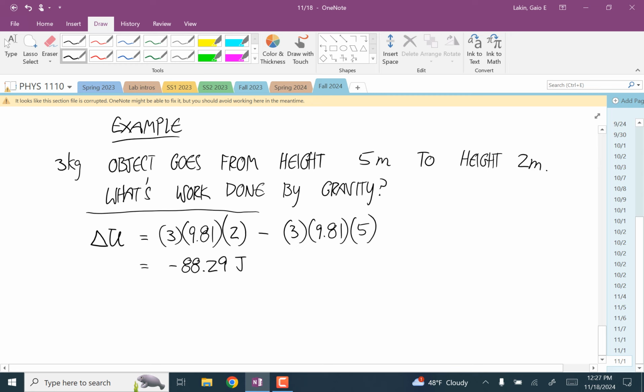Well, remember the work is negative change in potential energy. And so the work is positive 88.29 joules.